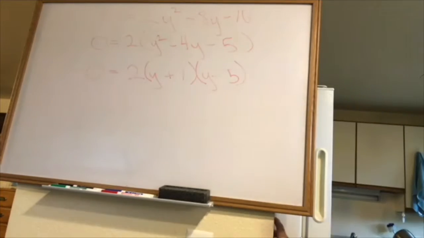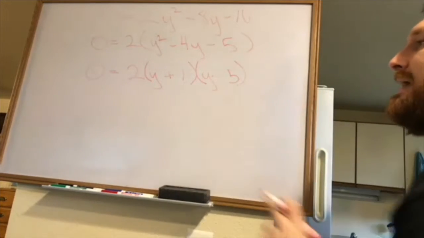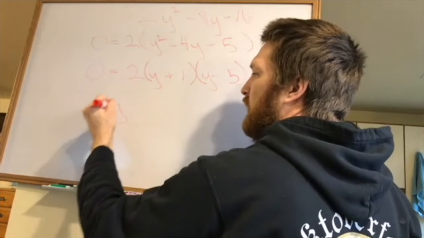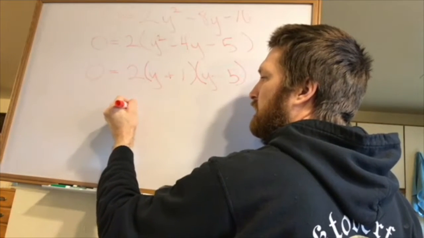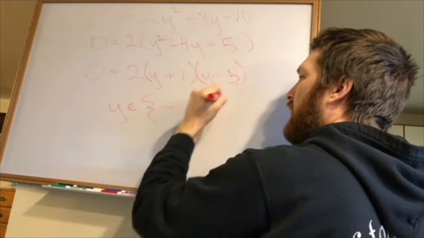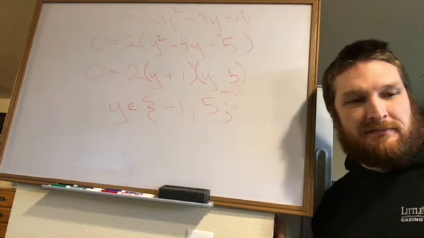And so, okay, now we have 2. This tells us that y could be 2 different things. Either y is equal to what or y is equal to what? Either y is equal to -1 or y is equal to 5. Okay. Now, are we done?